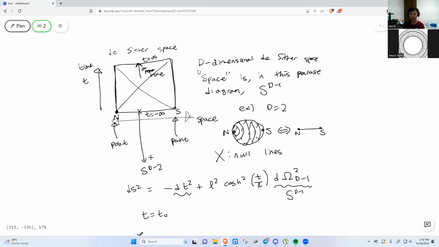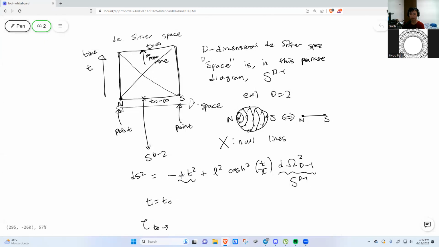The proper time from t0 to infinity is infinite. This is clear from the metric because of the minus dt squared.